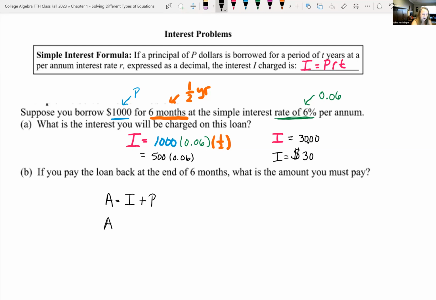So the amount that we're going to owe after 6 months is our $30 plus our $1,000 that we borrowed. So we're going to owe $1,030 if we pay it after 6 months.